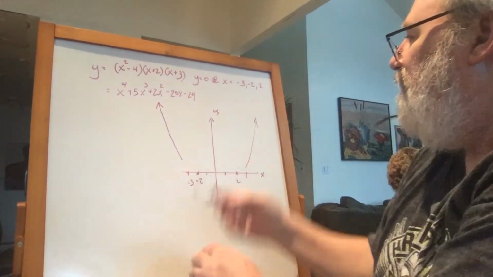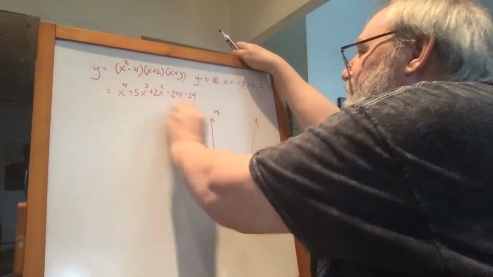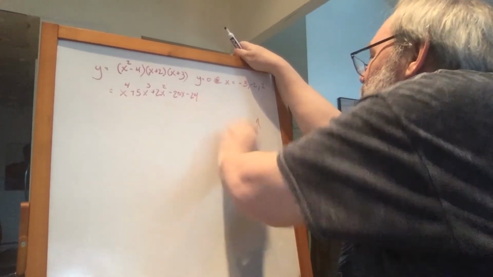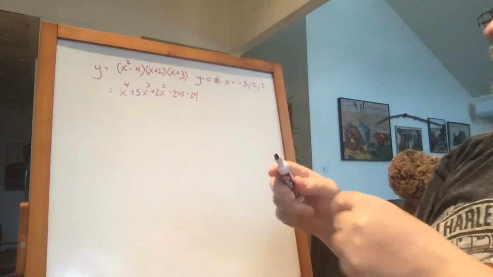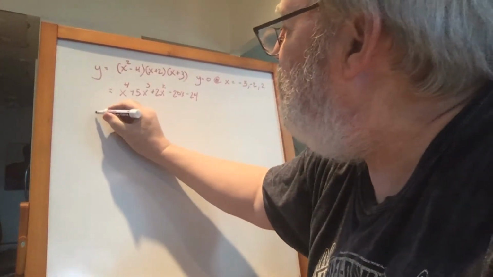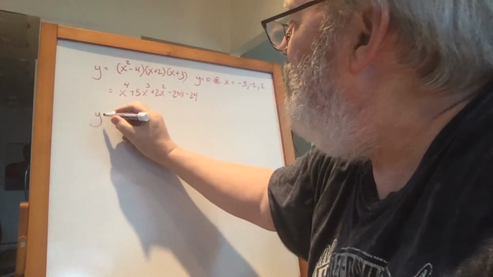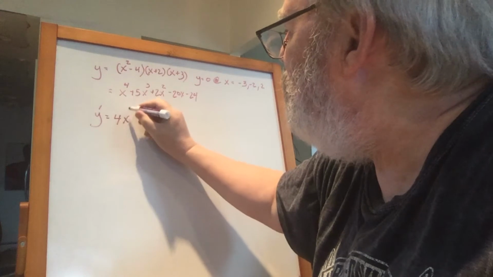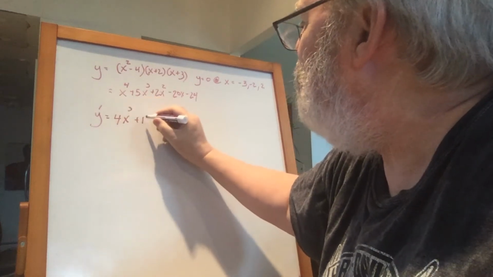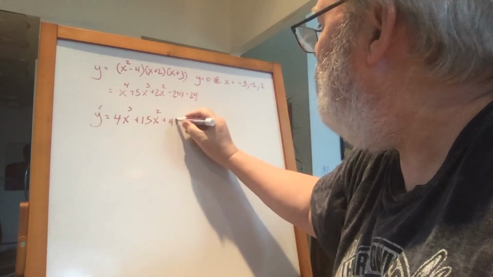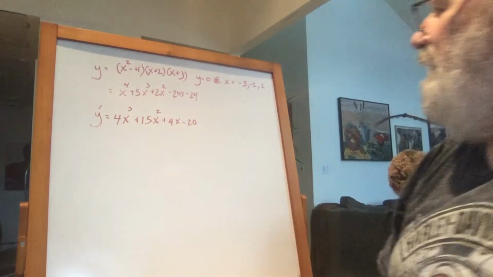So how do we find that out? We take derivatives. Now, in the last video, remember, we had the derivative formula, the power formula. Y prime equals 4x to the third plus 15x squared plus 4x minus 20.